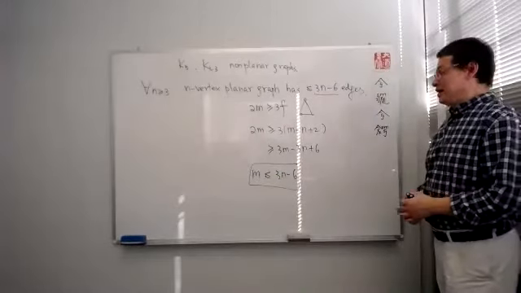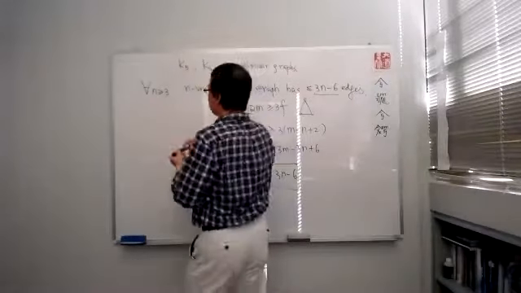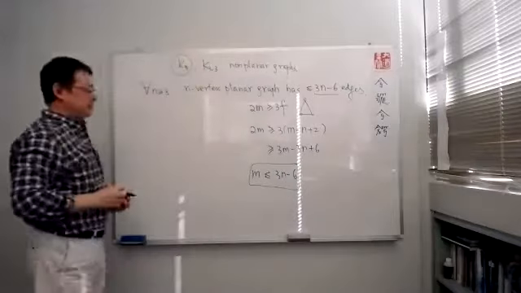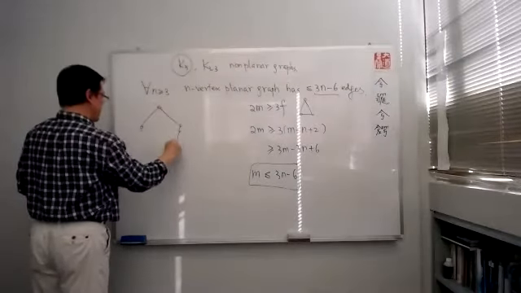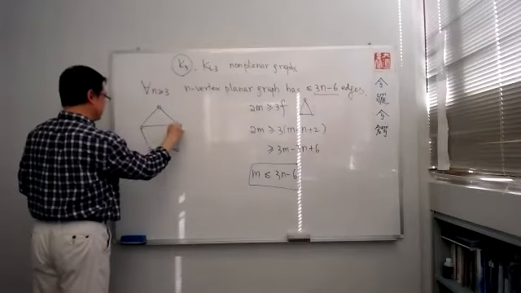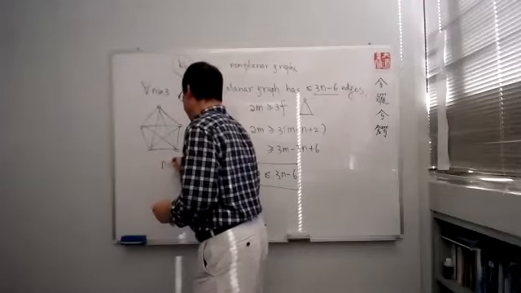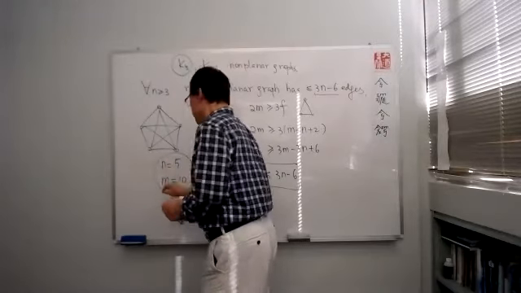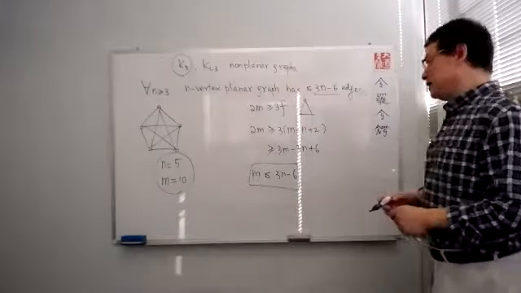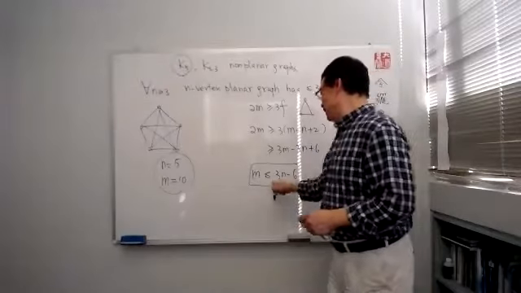Okay. So now we can use this to show that K5 is not a planar graph. So how many edges in K5? n equals 5, m equals 10. Now, use this formula.